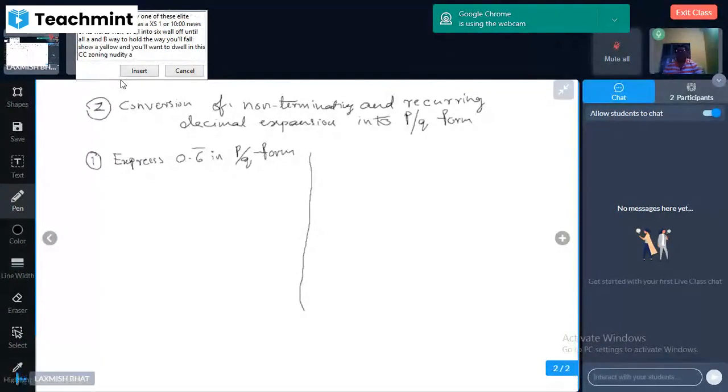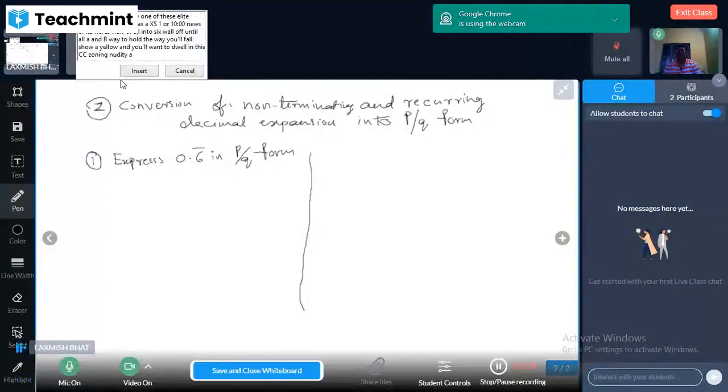So let us start like this. The solution starts like this. Let us take this 0.6 bar as x. x is equal to 0.6 bar. 0.6 bar is nothing but 0.6666 and so on.